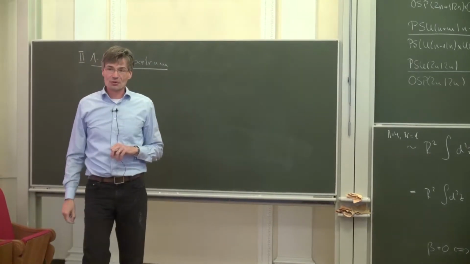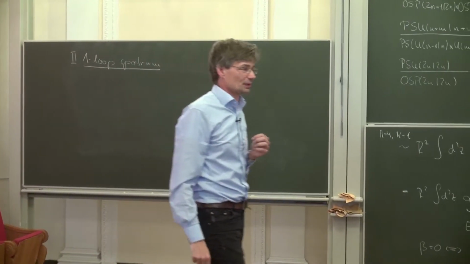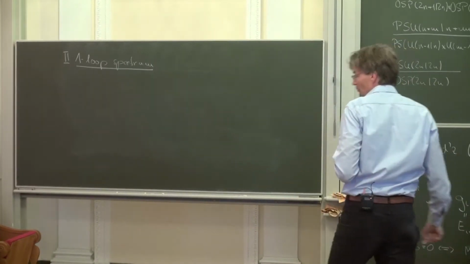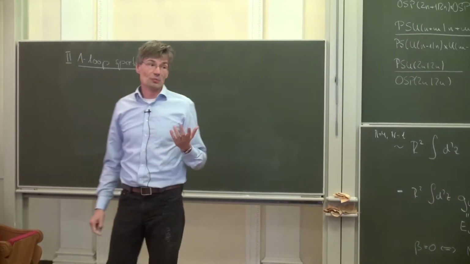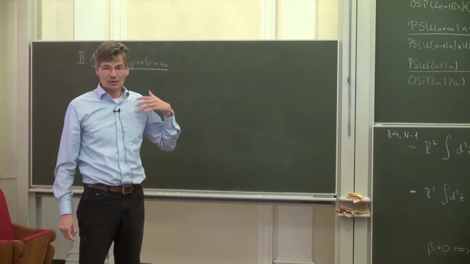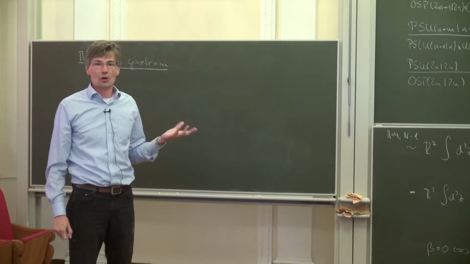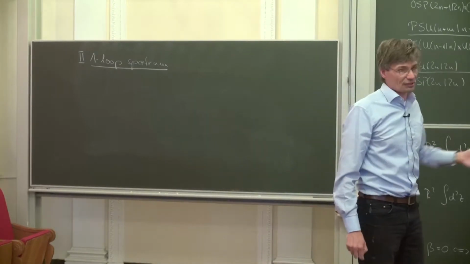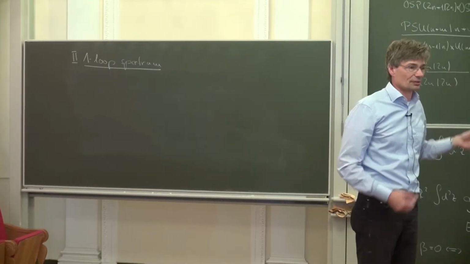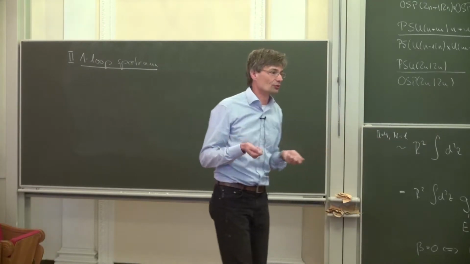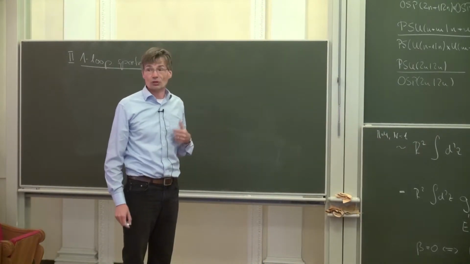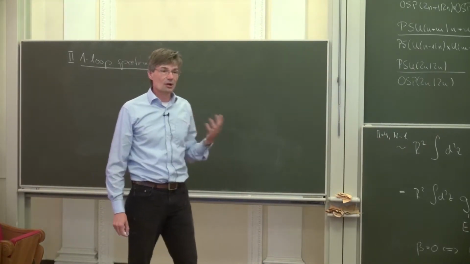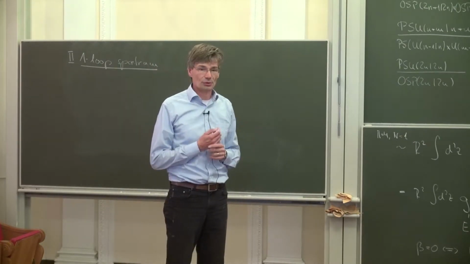So I want to talk about the one-loop spectrum of these theories. First of all, we have to talk about the observables. What I mean by spectrum is the spectrum of anomalous dimensions of local operators in the theory. These are conformal field theories, so once you switch on the coupling, all the operators develop some kind of anomalous dimension, and that's what we want to compute.